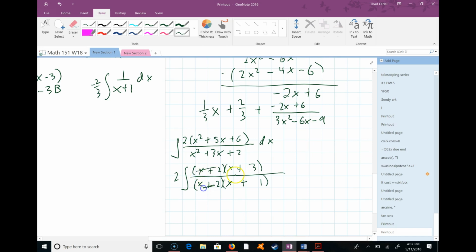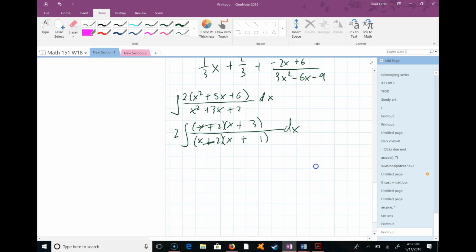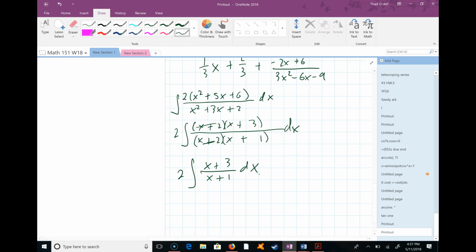So those will cancel out, and that'll leave me with 2 times the integral of x plus 3 over x plus 1 dx. And that's not a partial fraction anymore, is it?